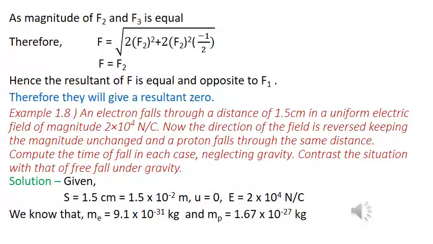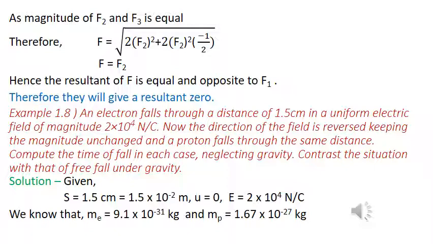As magnitude of F2 and F3 are equal, so by putting the value we get F is equal to F2. Hence the resultant F is equal and opposite to F1. So the net force on charge Q situated at centroid of the equilateral triangle is equal to 0.